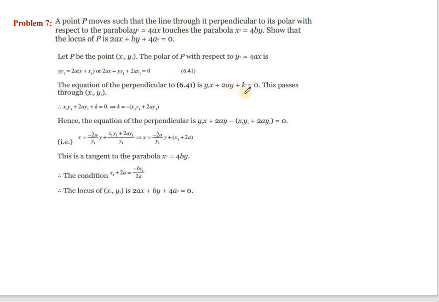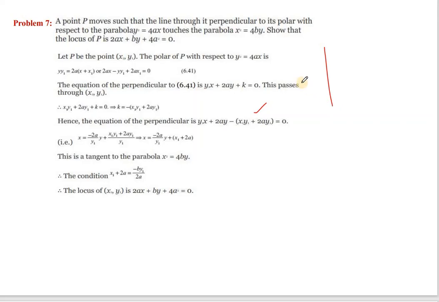This is one of the methods: you will have to assume this, and because it passes through x1, y1, you will get this. Otherwise, what you do, you have the point x1, y1, obtain the slope and the point is known, you will arrive at this equation. So how do you obtain? This is one way, what is shown here is one way.